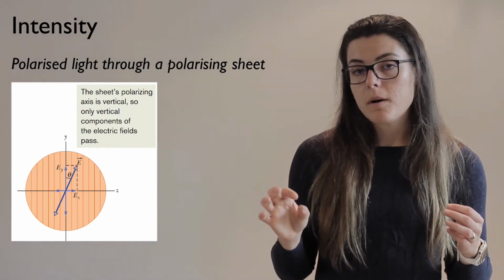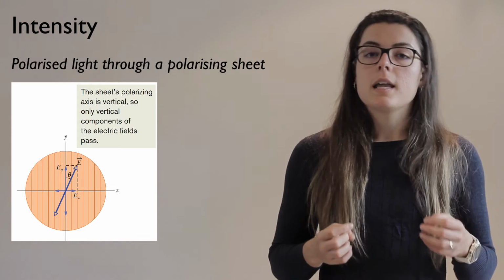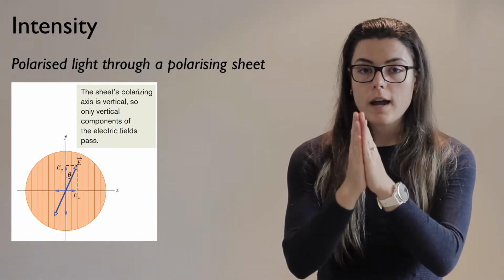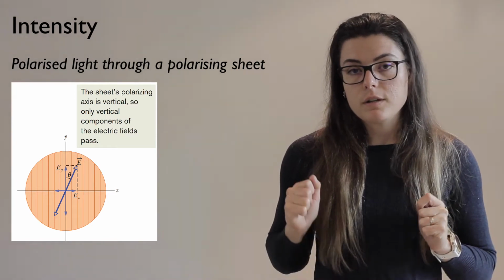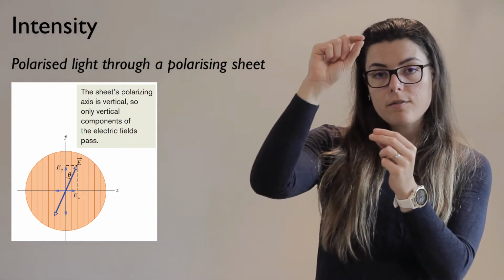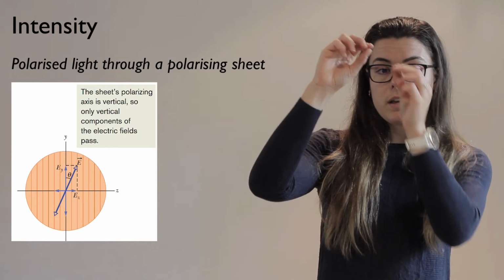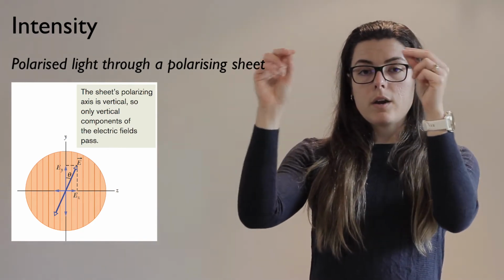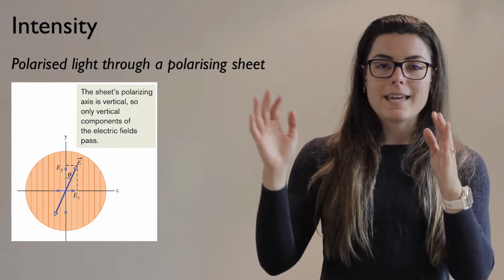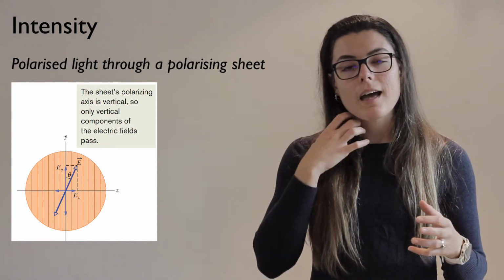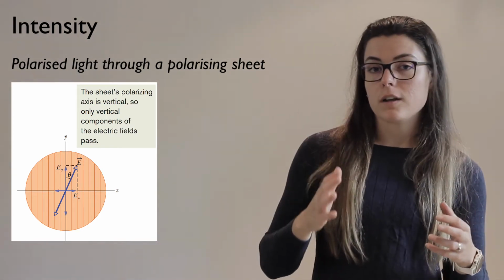The horizontal component in this case is going to be absorbed. Now, we can make our little triangle here where the hypotenuse is the magnitude of the electric field vector E, and we're going to have a vertical component, EV or EY, and a horizontal component, EZ or EX, or EH. And the way that we would write that is to work out what the vertical component is.